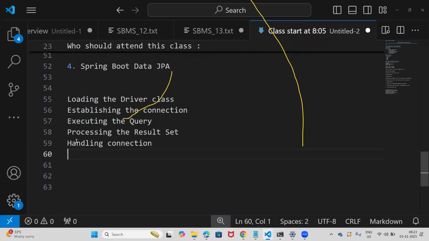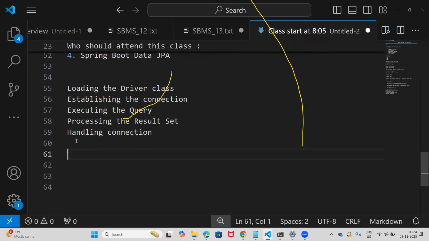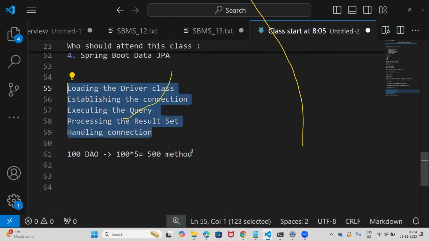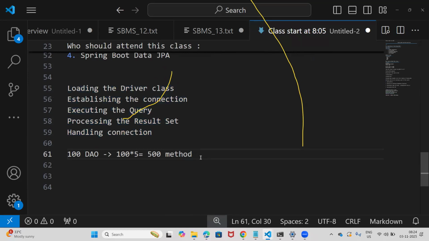If you think at the project level, roughly, if we take 100 DAO classes, each DAO class containing on average 5 methods, that will be 100 into 5, that means 500 methods in the project. If in each method you write these 5 steps again and again, it is 500 into 5.